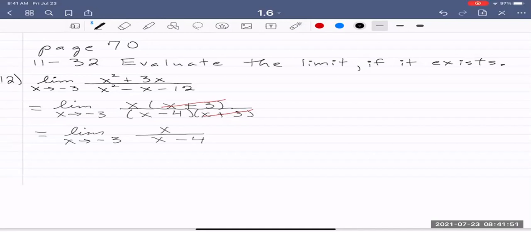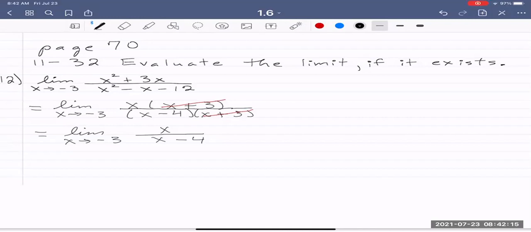So we had that one limit law that said that if f of x is equal to g of x for all x in a deleted neighborhood of a, then the limit as x approaches a of f of x is equal to the limit as x approaches a of g of x.